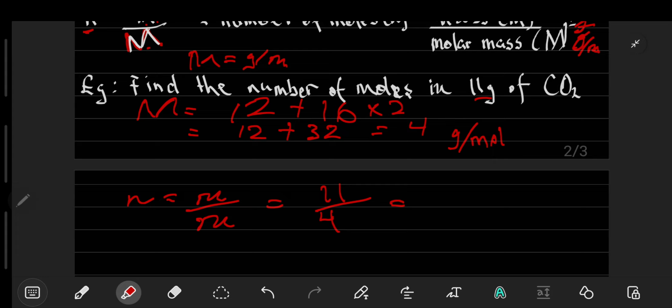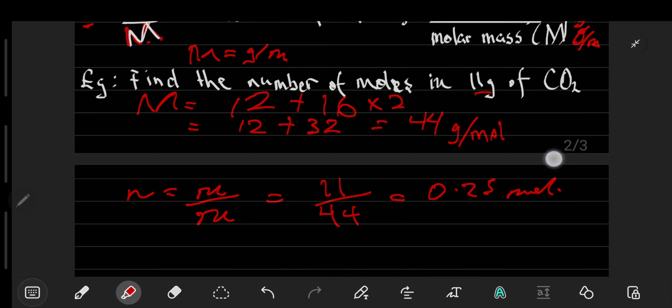So I just recalled here that 12 plus 32 is supposed to give us 44. So we are going to have 11 divided by 44, and that would give us 0.25 moles. So that's the number of moles we have in 11 grams, 0.25 moles.